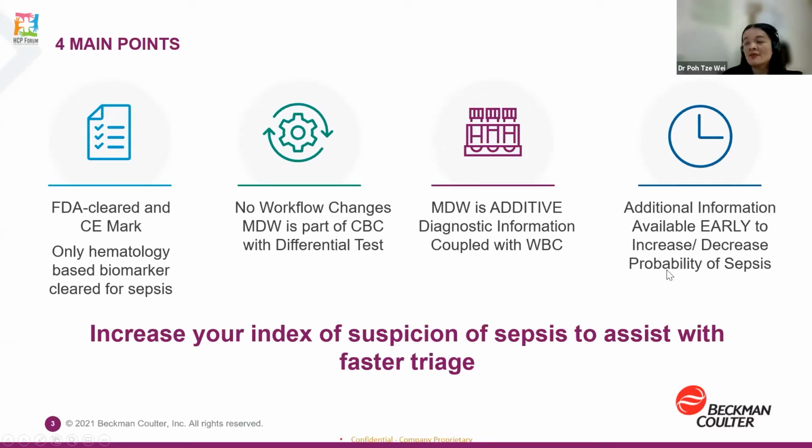So the physician has additional information early on to help increase or decrease the probability that this patient may develop sepsis later on. Overall, in summary, MDW can help to increase your index of suspicion of sepsis to assist with faster triage in the emergency department.